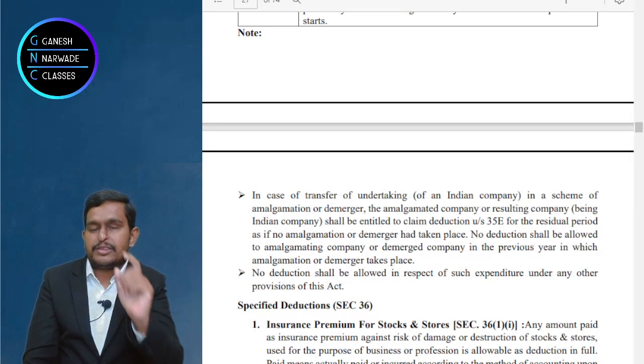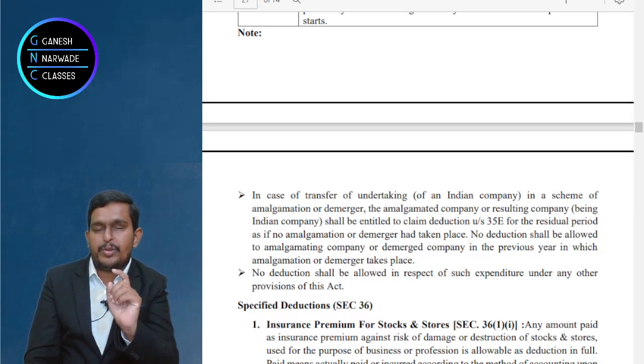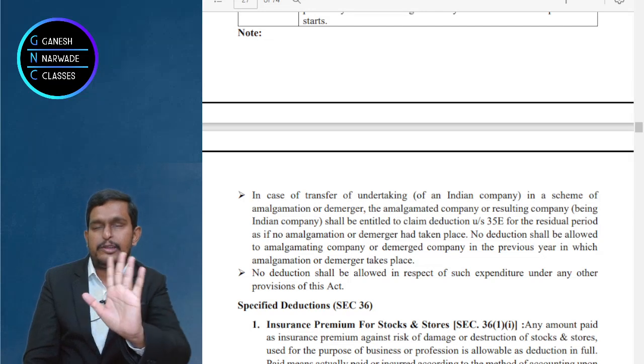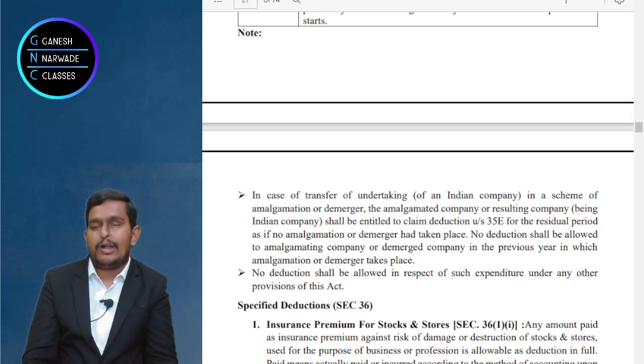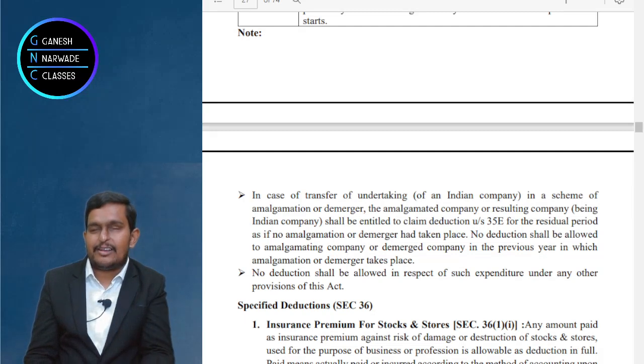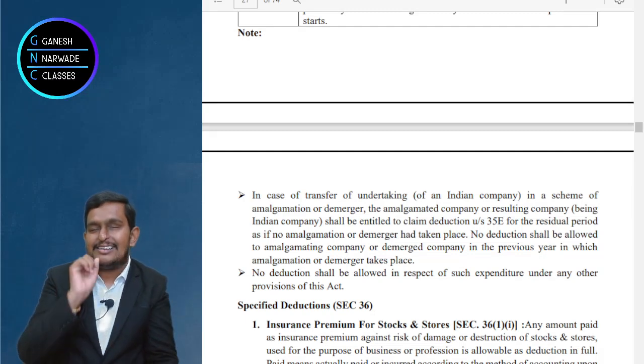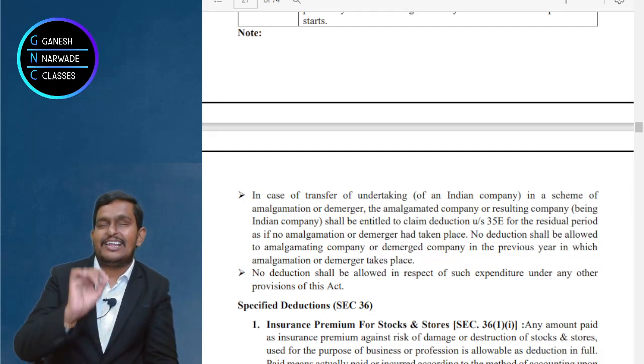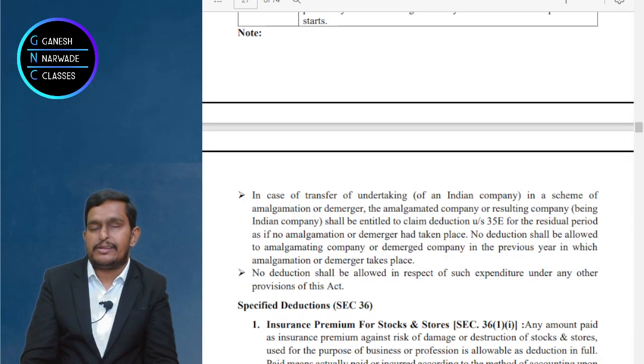Income 100 rupees minus 35E 100 rupees, your income becomes 0. No need to pay tax. Sir, what about the 50 rupees? That is unabsorbed expenditure, and you can claim it in the next year or the year after that, but maximum till the 10th year of commencement of business.